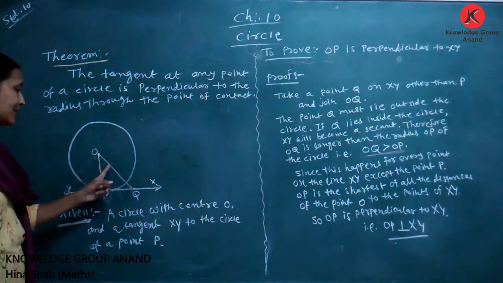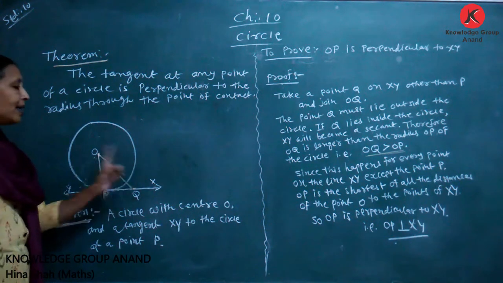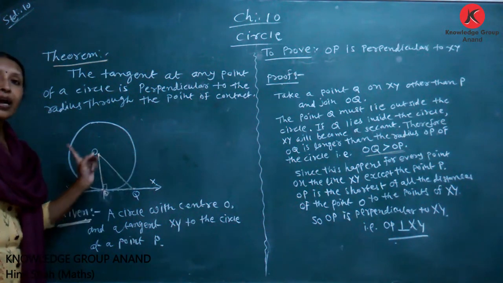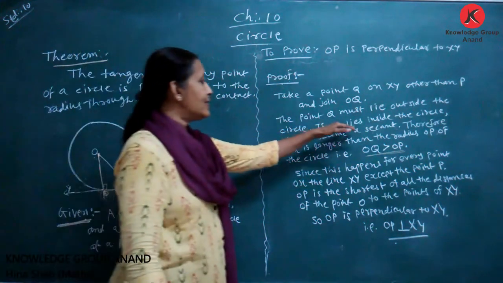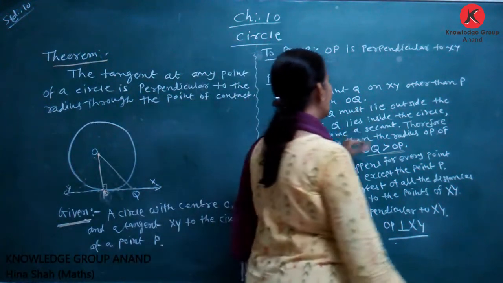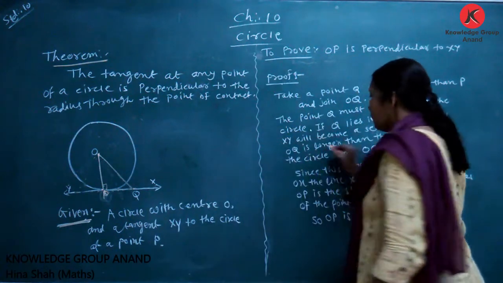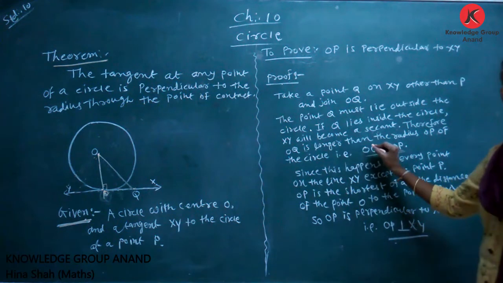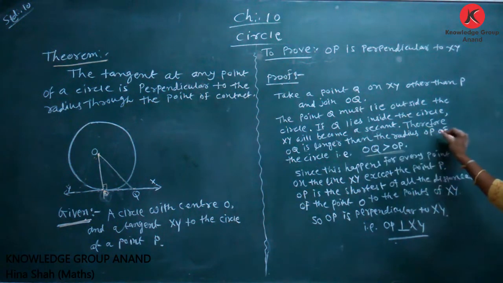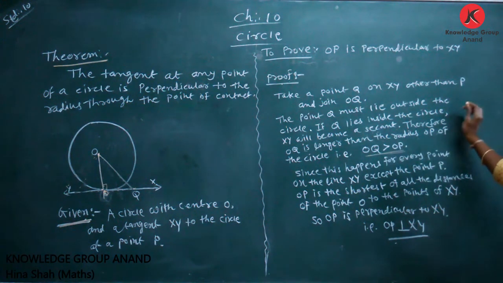If Q lies inside the circle, then XY becomes a secant, not a tangent. Therefore, OQ is longer than the radius OP of the circle.